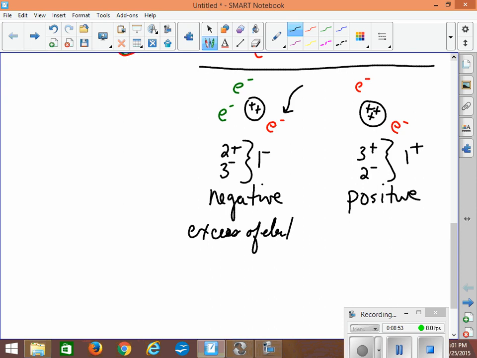A negative charge can be thought of as having extra electrons. Whereas this guy, he's missing one. It got rubbed off on the other guy, so he has what's called a deficit or a loss of electrons. And that's what positive charge is often thought of as, a deficit of electrons.